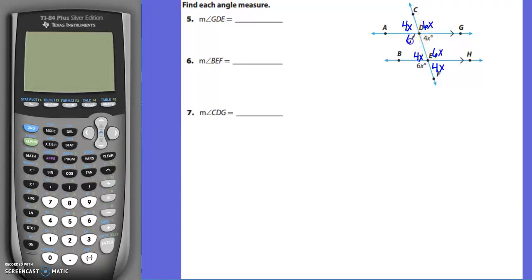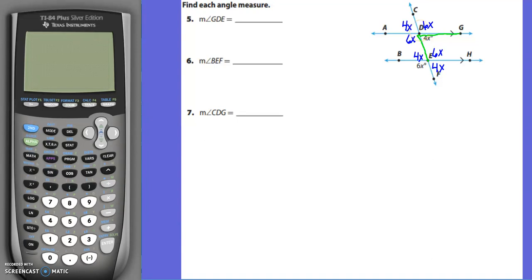Based upon vertical, this is 6x. We want to know GDE. GDE is this first one right here. Let's highlight it. So we want to know what 4x is.